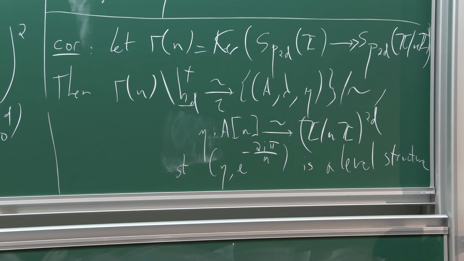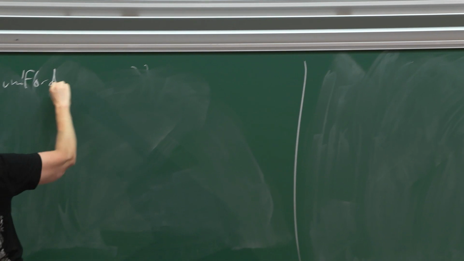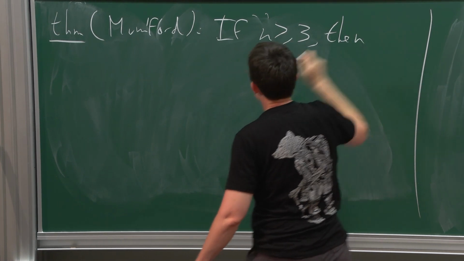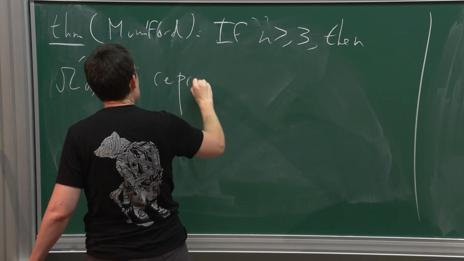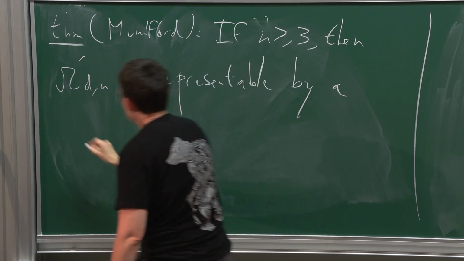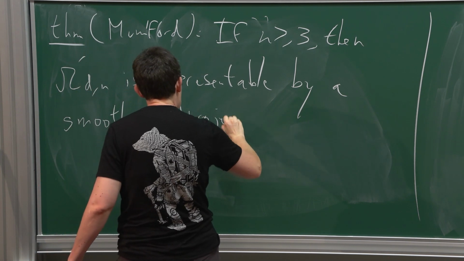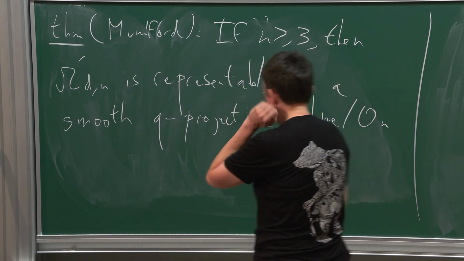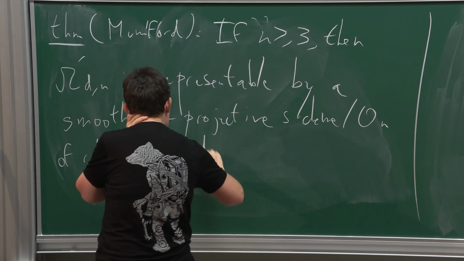And then the theorem, which I'm totally not going to prove, of Mumford is that if n is at least 3, then M prime dn is representable by a smooth quasi-projective scheme over On of relative dimension d(d+1)/2.